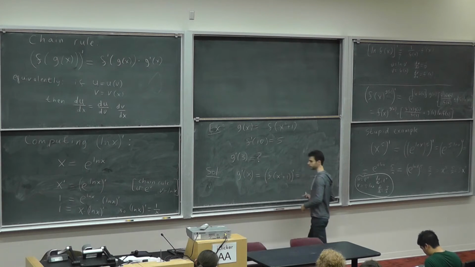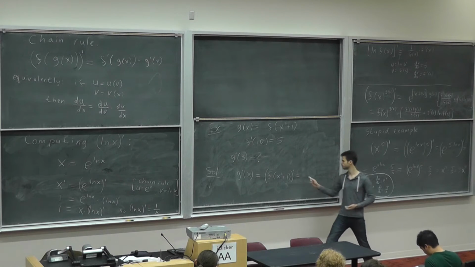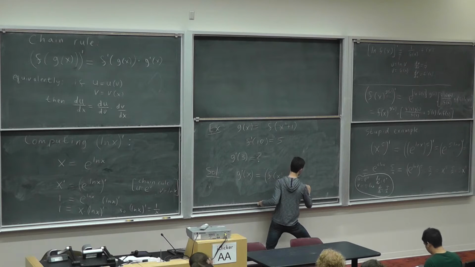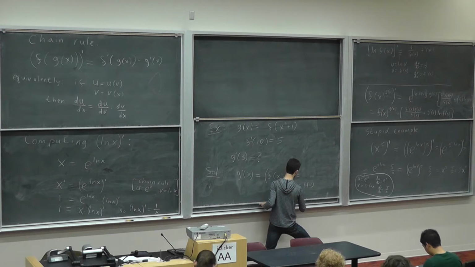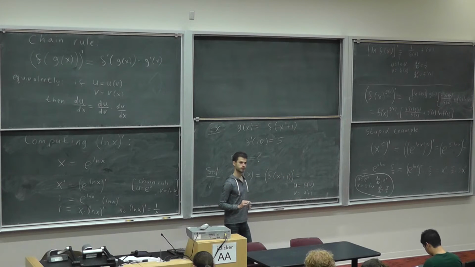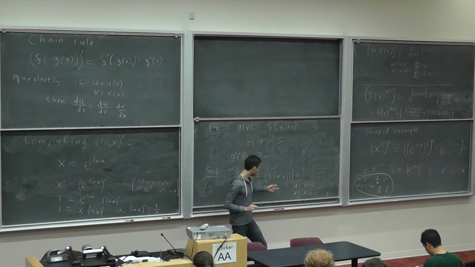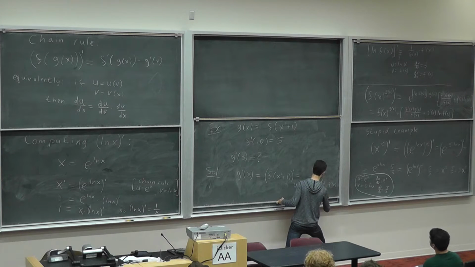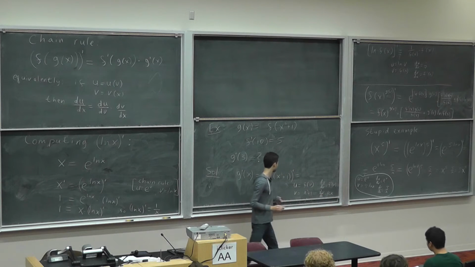So here I'll apply the chain rule with the following. u is going to be f of v, and v is going to be x squared plus 1. Now I can find what's du by dv. It's f prime at the point v, and dv by dx is 2x.